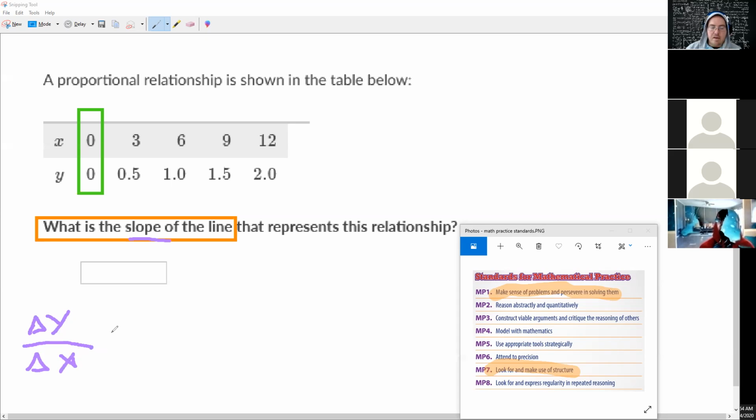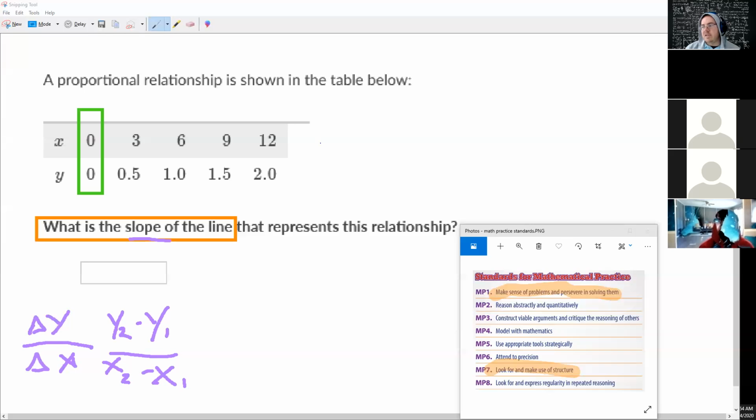And that can be calculated by doing y2 minus y1 over x2 minus x1. And they've given us a bunch of x's and a bunch of y's here to choose from. So the reason them giving you 0, 0 is really nice is that you can pick any of these.